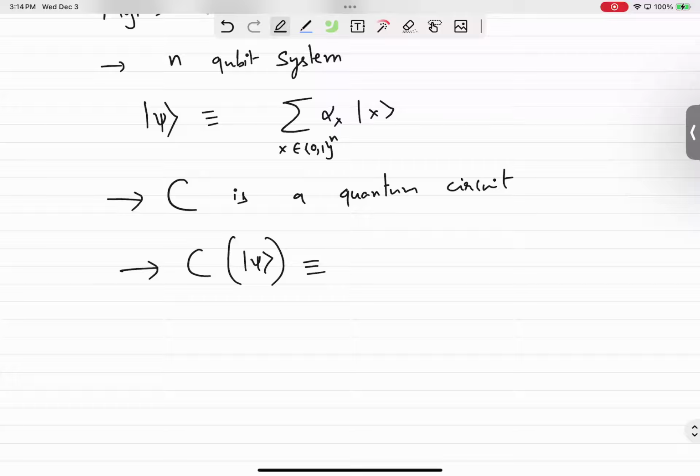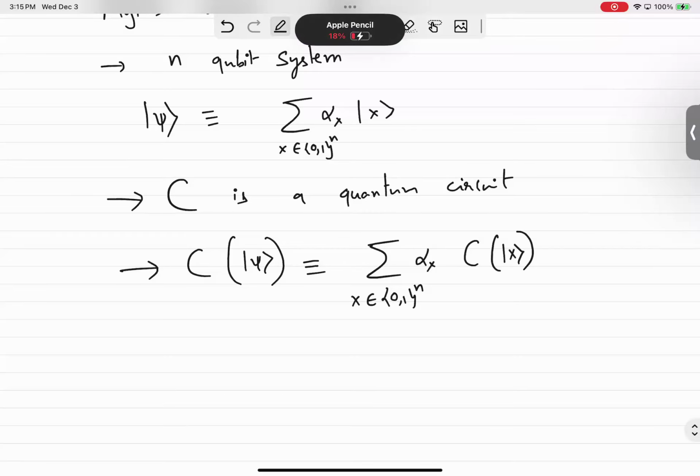Let's say we don't do the measurement, we're talking just about the circuit itself. So it seems like a single application of the quantum circuit can mysteriously apply the circuit on all possible input strings that I care about.